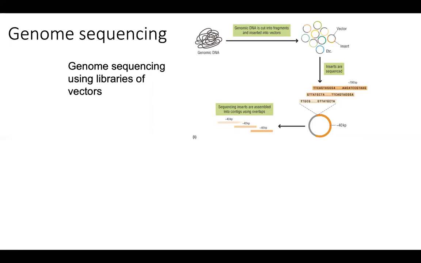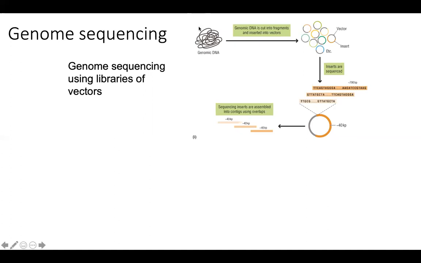Here's a basic outline of genome sequencing. The top panel here is essentially the approach that was used more than 20 years ago to sequence the first animal genomes, such as the Drosophila genome and the human genome.